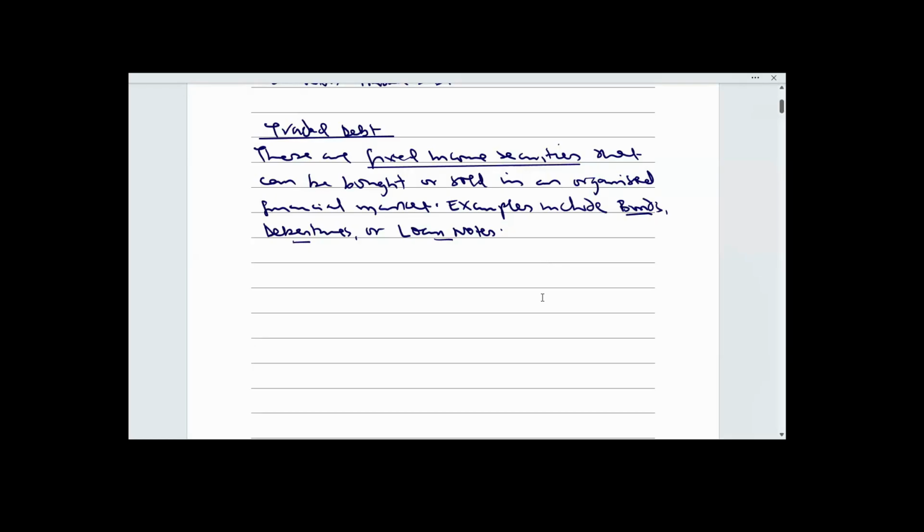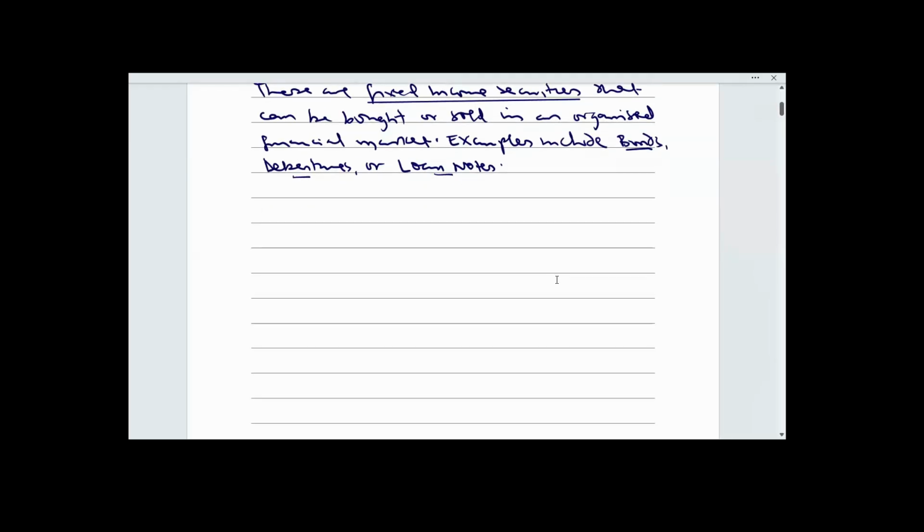Then let's talk about non-traded debt. Non-traded debt is just the opposite of traded debt.